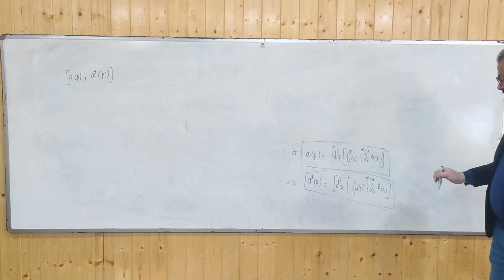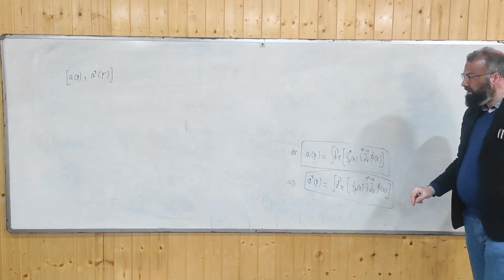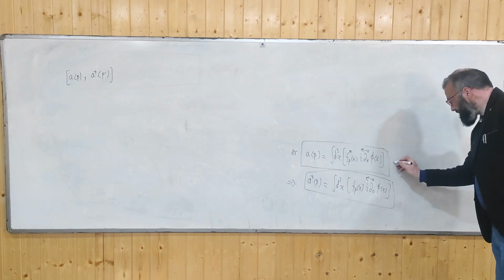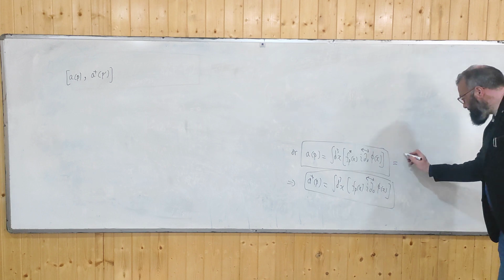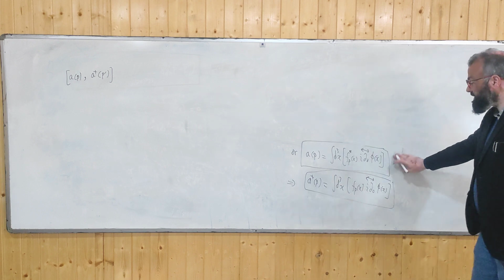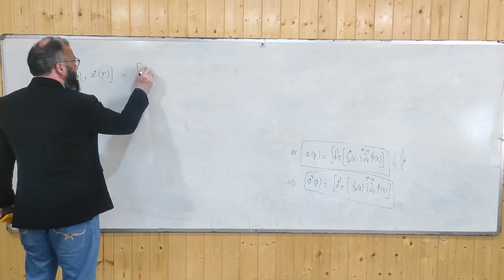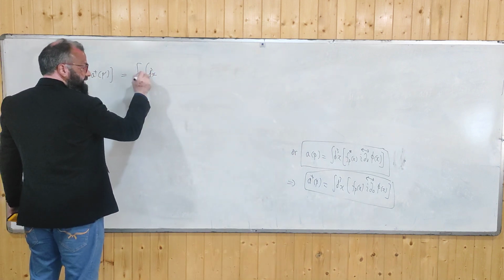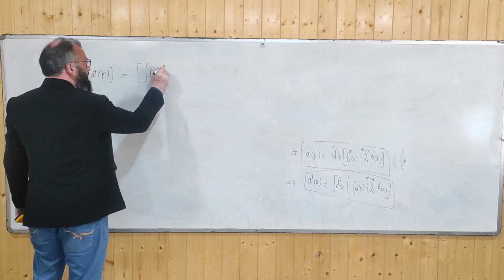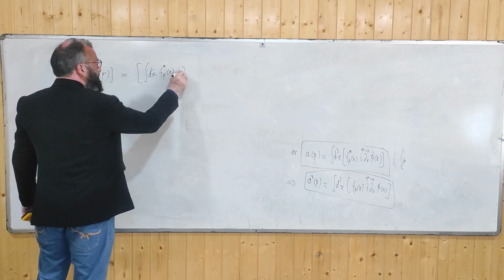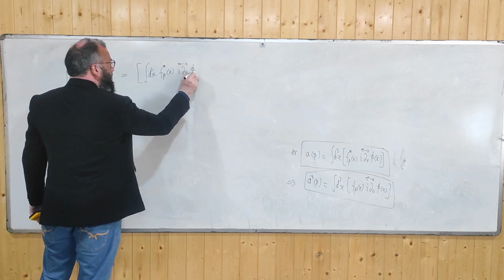So let's look at this very objective. It is integral d3 of x, f p star of x i partial 0 phi of x.